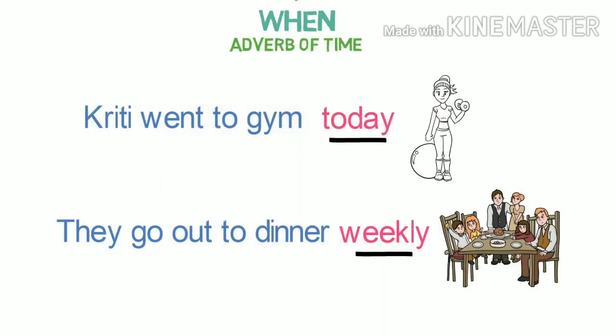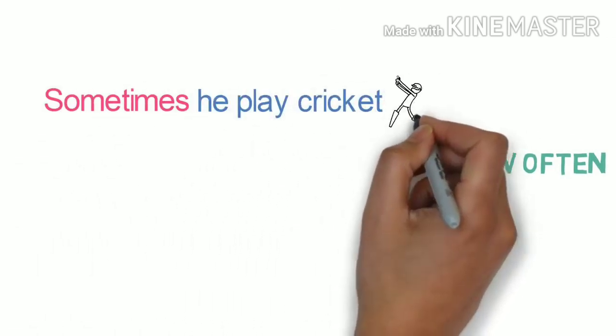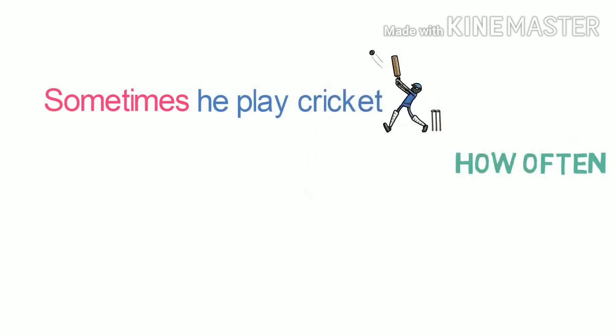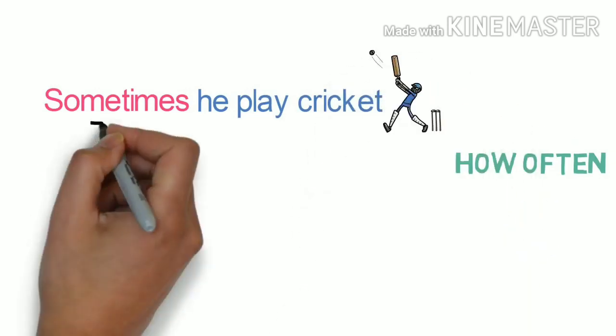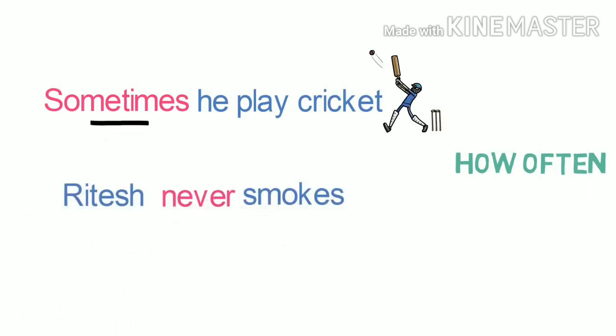Now let's look into the fourth way in which we describe action: how often or how frequently the action is happening. Sometimes he plays cricket. Here we understand that he plays cricket, but what is the frequency, or how often does he play? He plays sometimes. So sometimes is an adverb here. Ritesh never smokes.